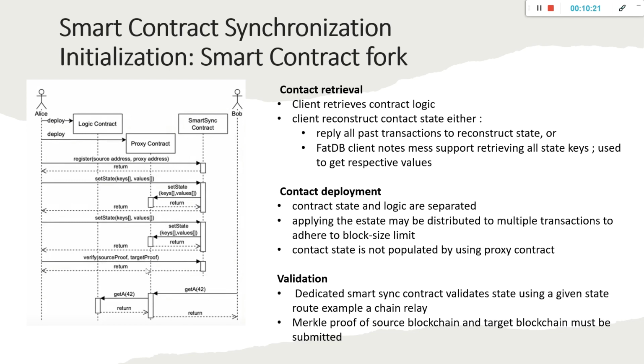When they are equal or equivalent, this procedure is finished, and then any entity like Bob can call a get function to make any transaction, and that will go through the proxy contract, and this proxy contract will then call the logic, and whatever value is retrieved will return to Bob. And eventually there is a validation step, and the validation is completed using chain relay.